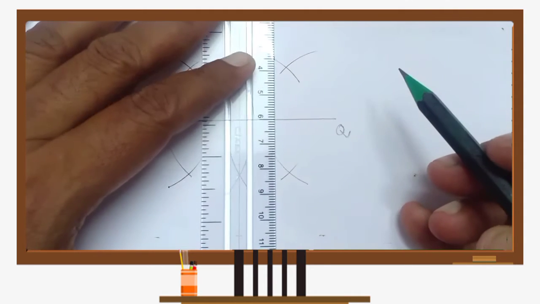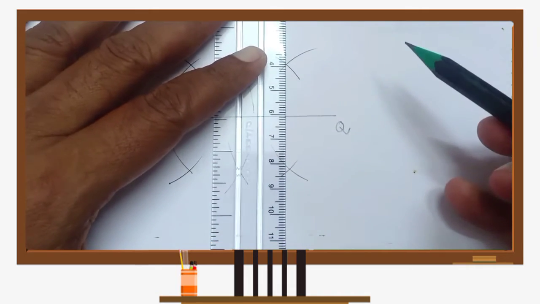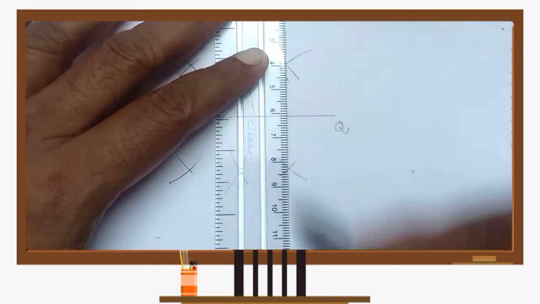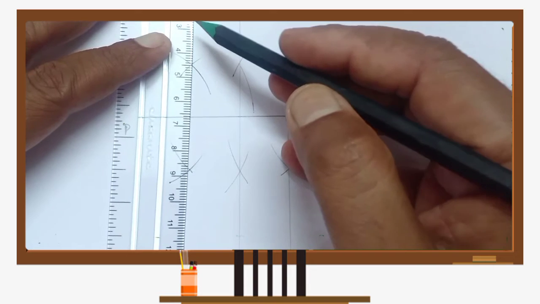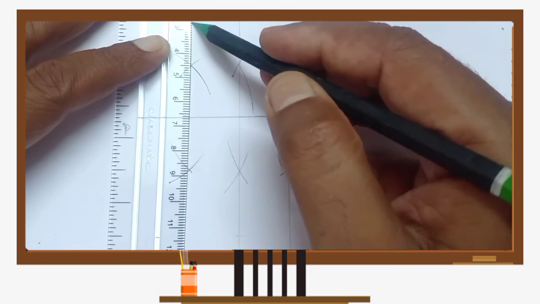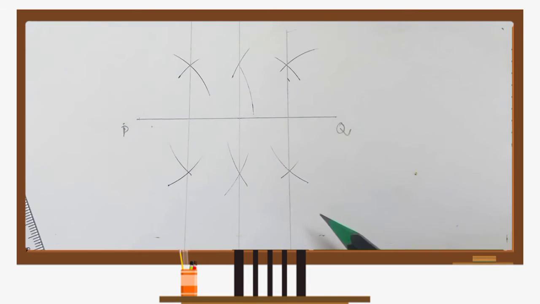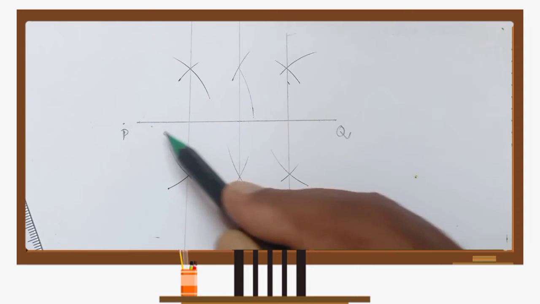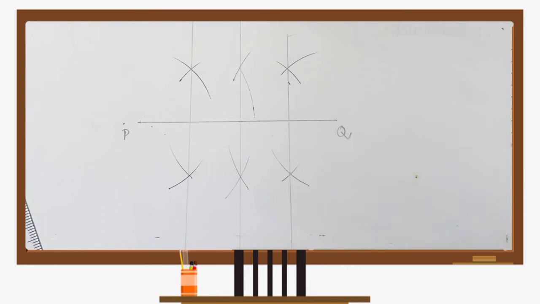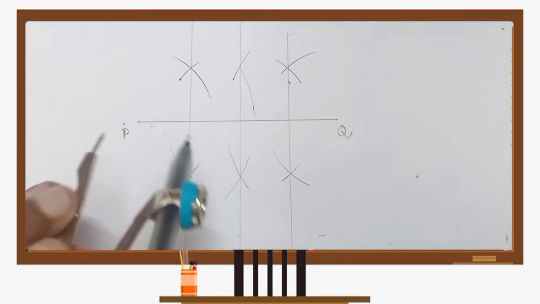Join this. It will be another perpendicular bisector. Now this 1 2 3 4, it is divided into the 4 parts. Now you again divide every part into 2 parts again.